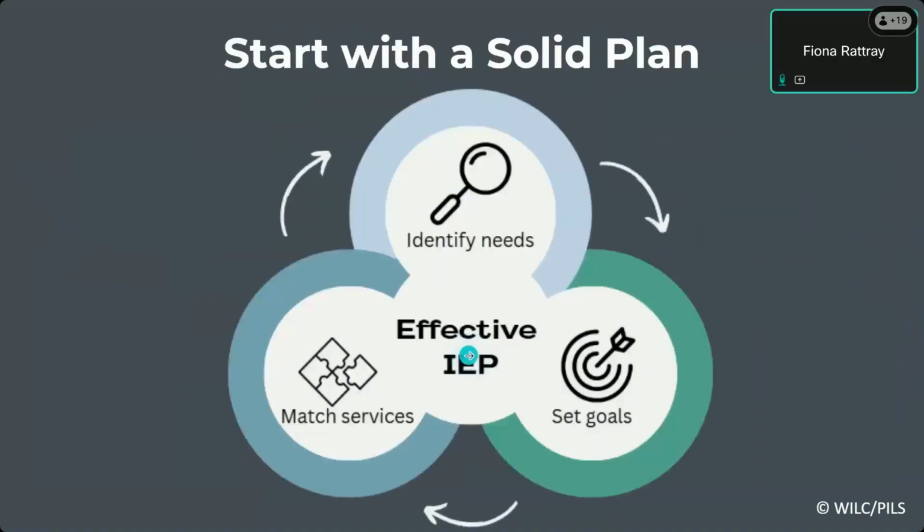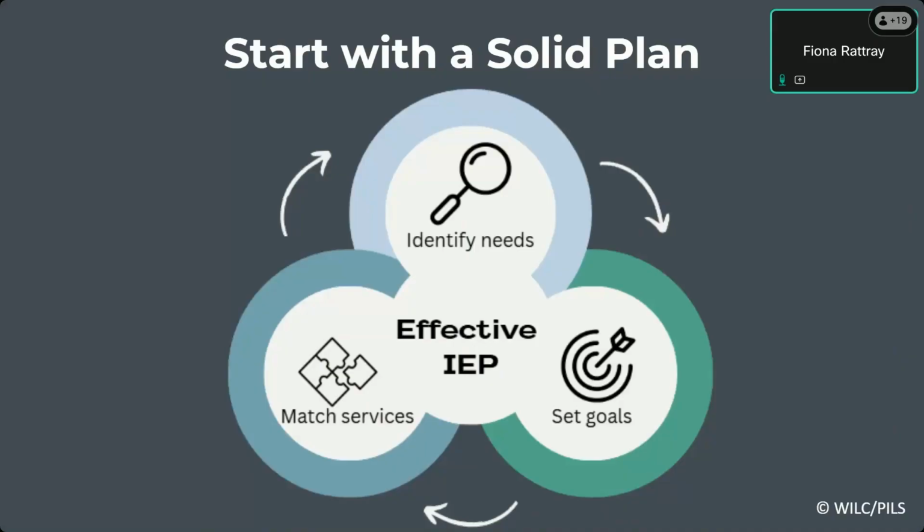Okay, so let's move on to the organization aspect of this. Everything starts with a solid plan. And that plan in special ed is the IEP, all right? But not just an IEP, it needs to be an effective IEP. And that begins by identifying the needs correctly, which is why we were talking earlier about the importance of understanding how the evaluations work and that you may need more evaluations than the school might suggest doing.